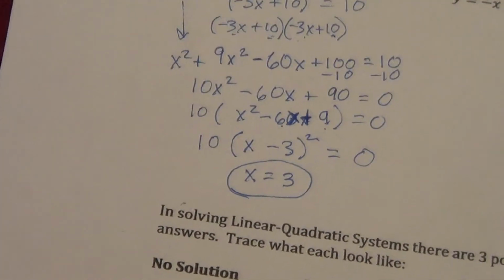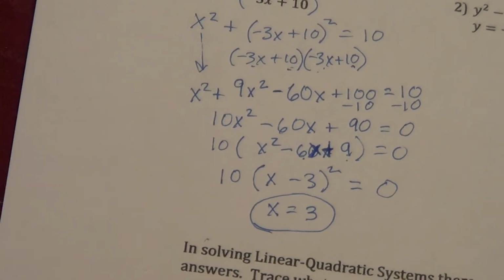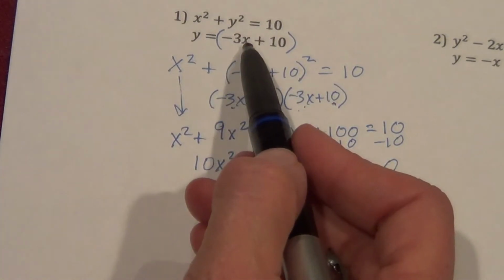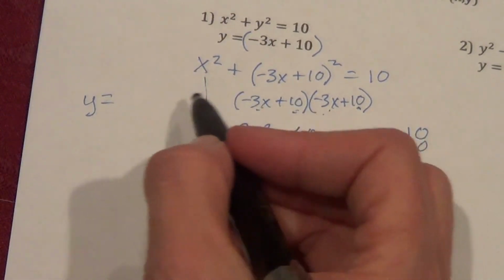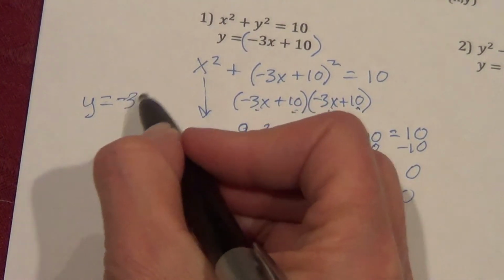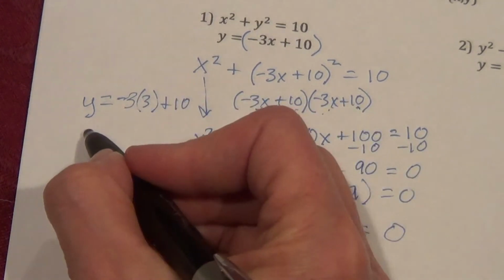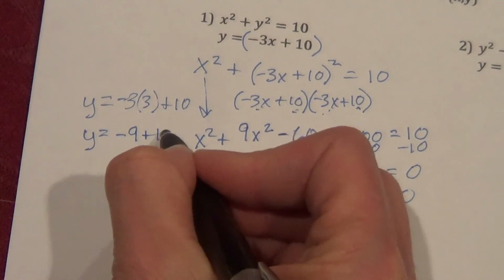Okay, now because we're solving for a point, we have to plug in and find the y value when x is 3. So I just plug it into this equation here. Y equals negative 3 times 3 plus 10. Negative 3 times 3 is negative 9 plus 10.